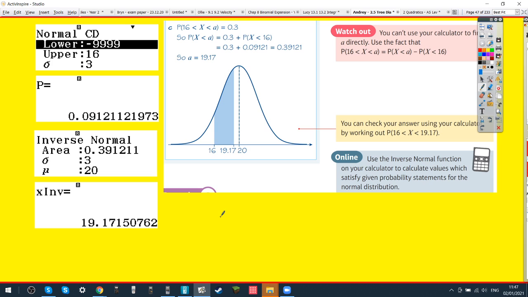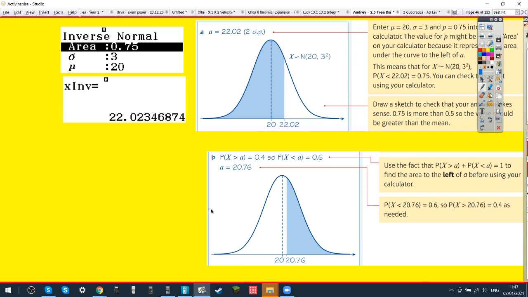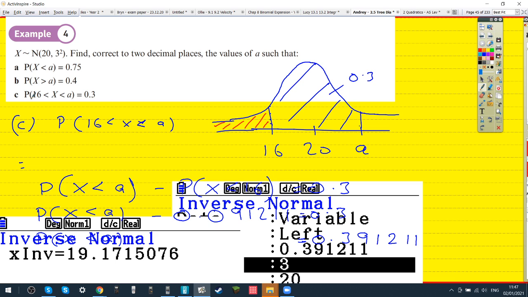So for this one, if you have in between the two, that's the tricky one. So it's the probability of the right one minus the probability of the left one. Overall gives you that probability, and then you have to work in reverse, adding it and stuff.